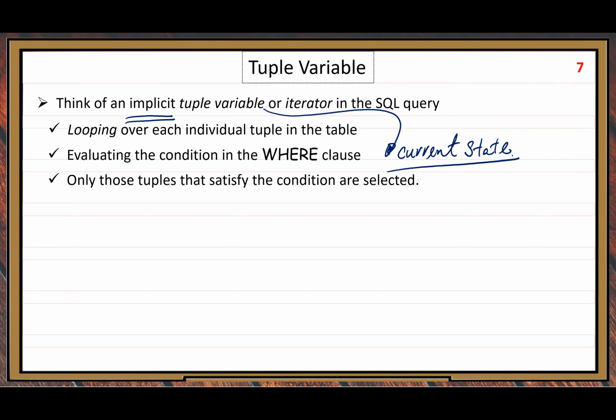So only those tuples that satisfy the condition are selected. So for your where clause, the Boolean statement is evaluated to be true. Your where clause could be a big Boolean statement. So you consider the value of that big Boolean statement. That statement should take the true value. Then you select it.